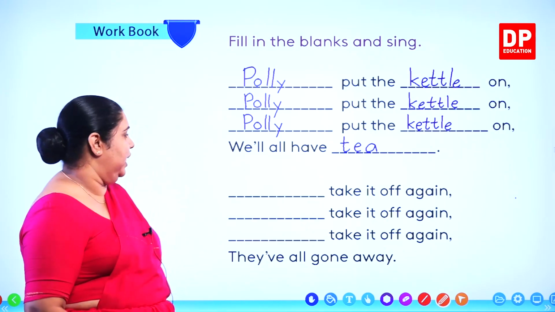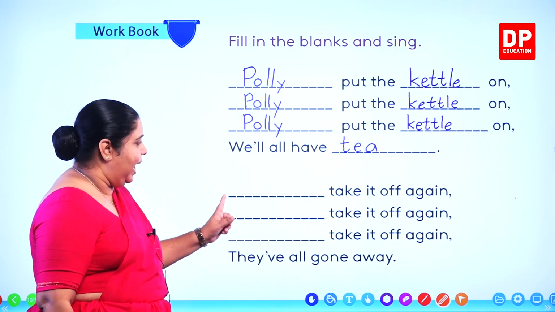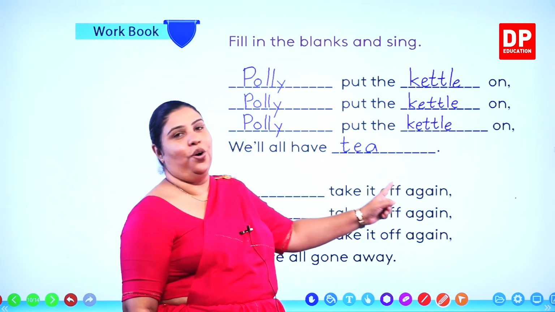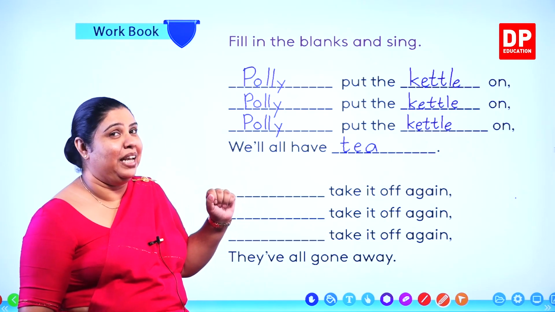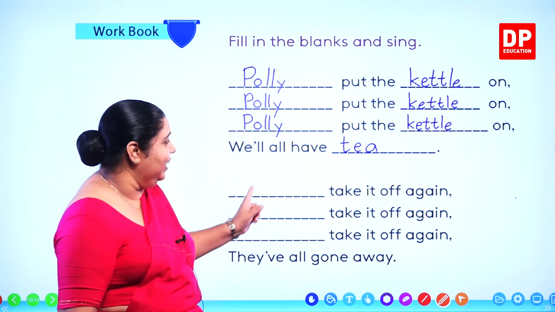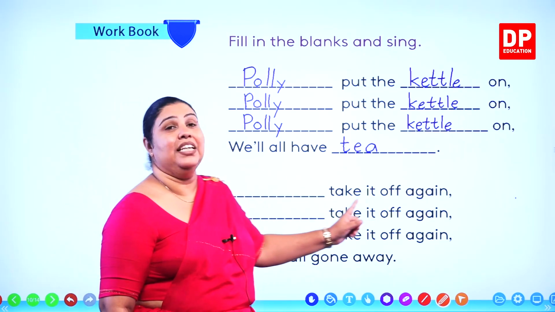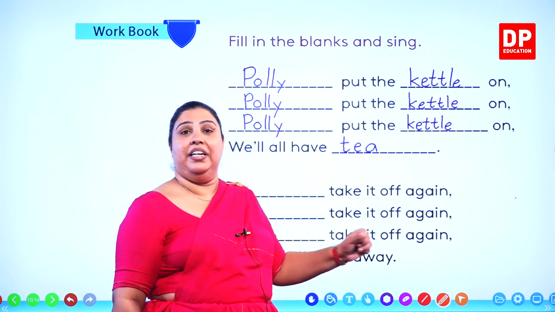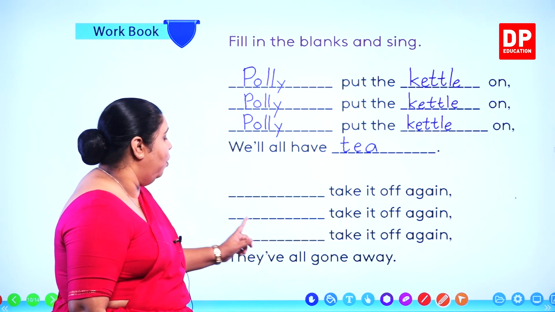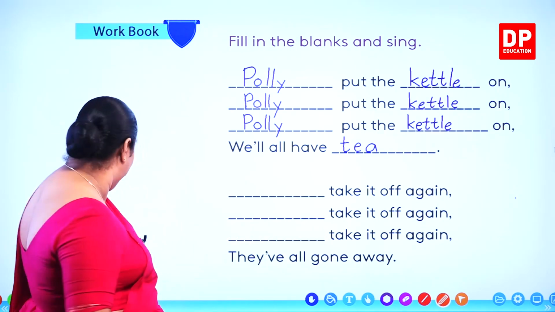Now we are going to take a look at the second verse of the song. Blank, take it off again. There you go. You can remember the name, right? They've all gone away. Now we have to write the name of that girl.